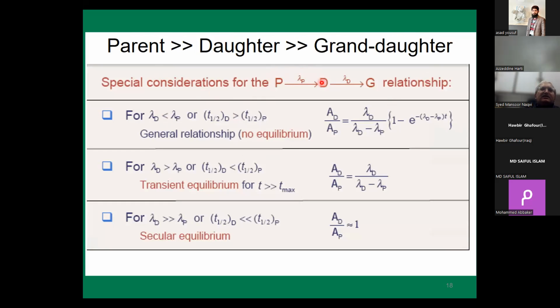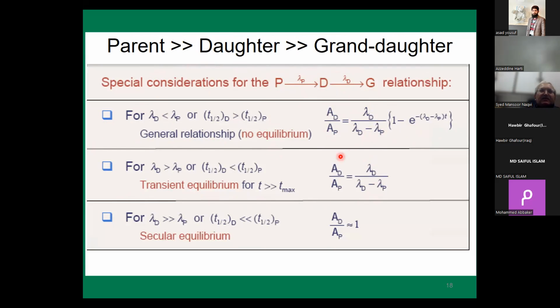Parent starts to decay to daughter, and if the daughter is also radioactive, it will decay to the granddaughter with its own decay constant. So the general relation for equilibrium is this, that the activity of the daughter, or the ratio of the two, is related to the decay constants in this manner. Again, it's exponential.